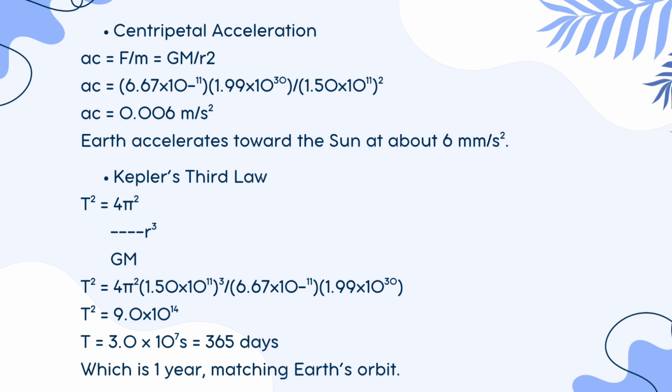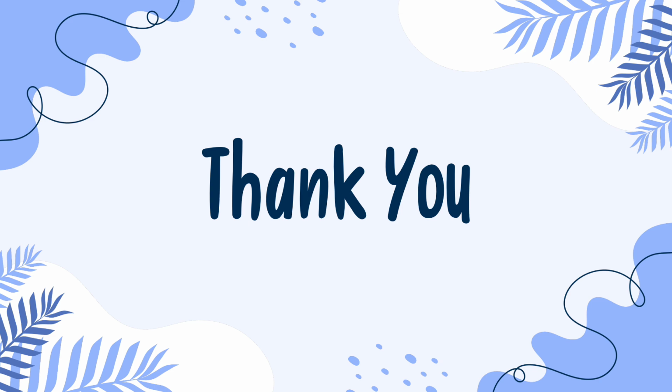In result, we have a_c equals 0.006 meters per second squared. So it's the acceleration toward the Sun of about 0.006 meters per second squared. Thank you for watching.